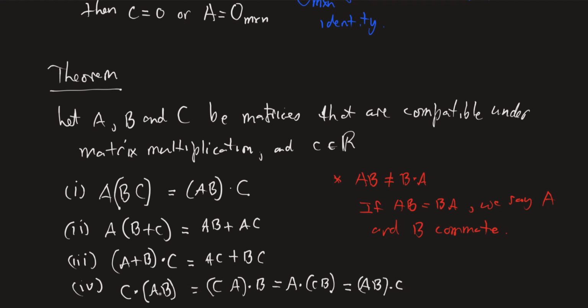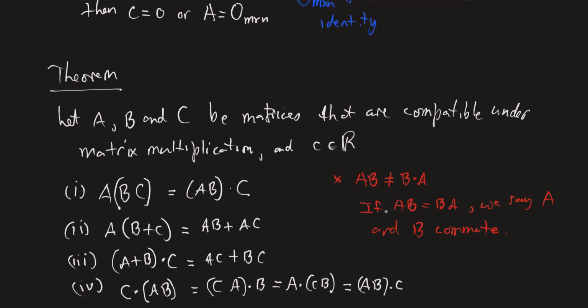But notice, there are 4 possibilities listed here, but in each possibility, the order of A, B is kept the same. AB, AB, AB, AB. We can't switch it and write it as BA because of this big thing in red that says do not do this.